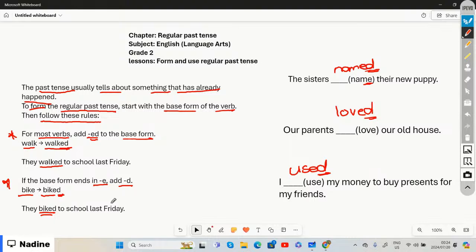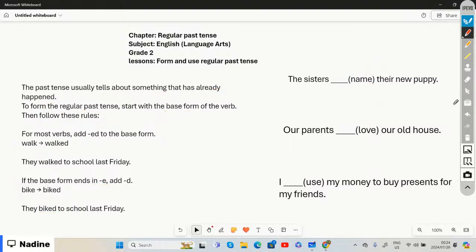For most of our verbs, we add ed to the base form, and we add d to our base form if the base form ends with an e.